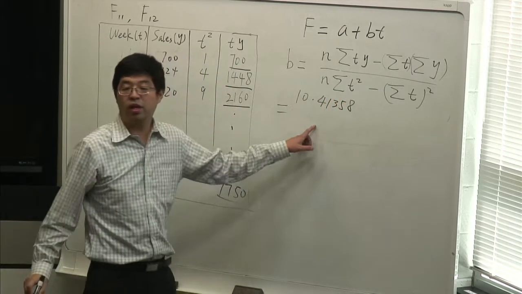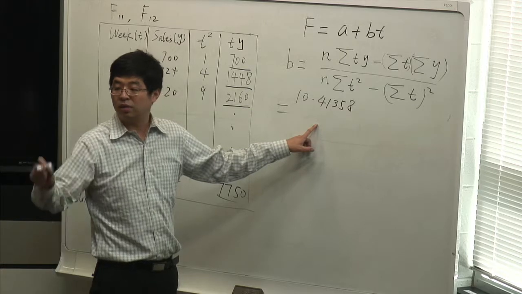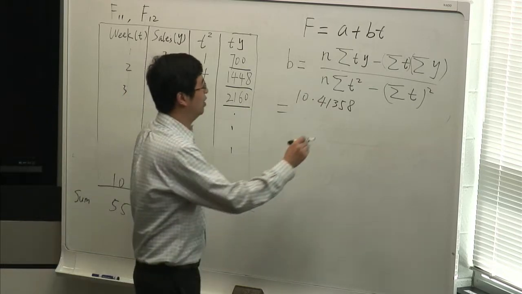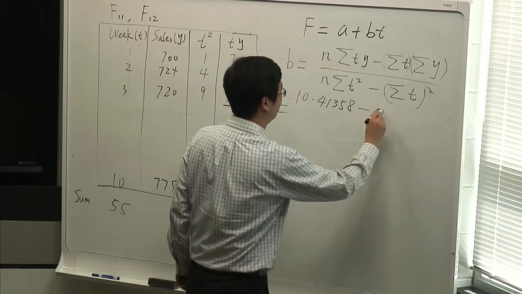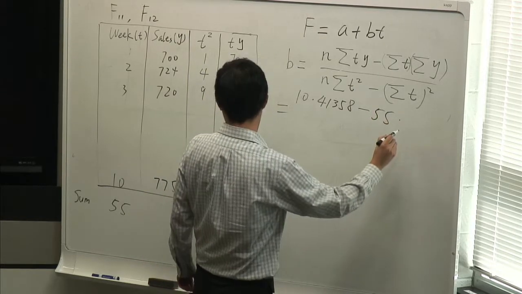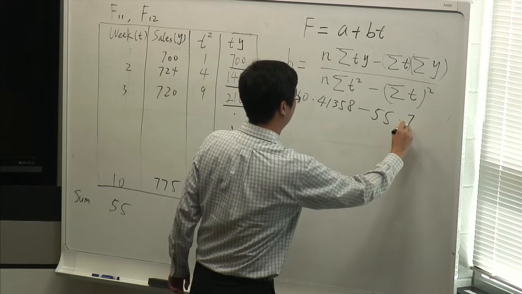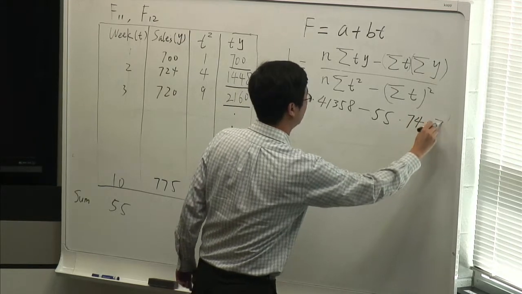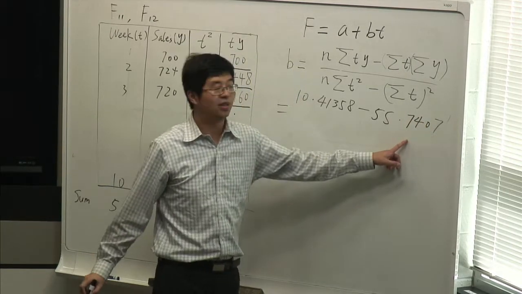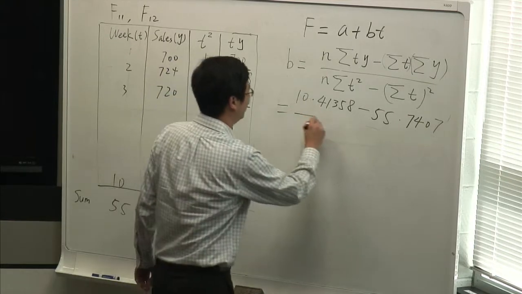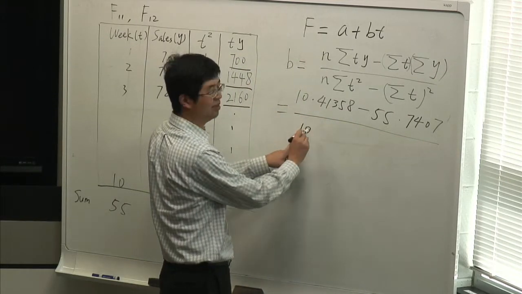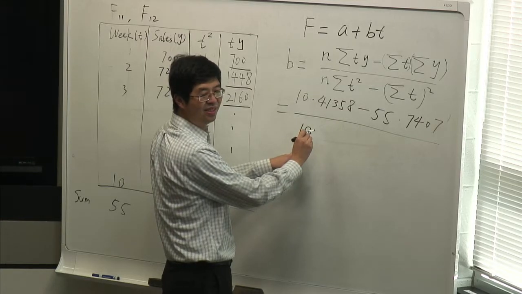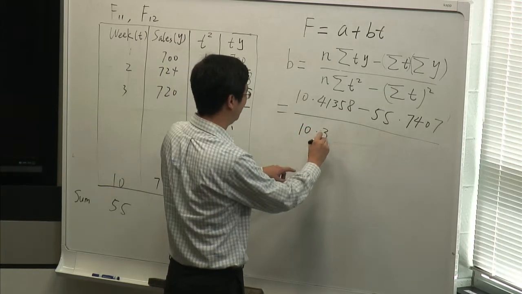Everybody gets the same answer here? Okay. Minus summation t, 55. Very good. Times summation y, 7,407. Everybody gets the same number here? Divided by n. Put 10 again. Times 385.